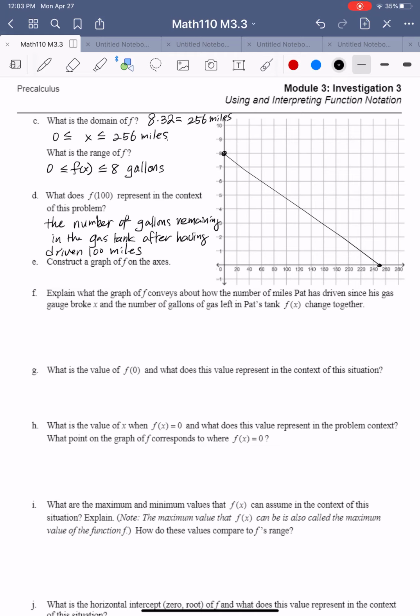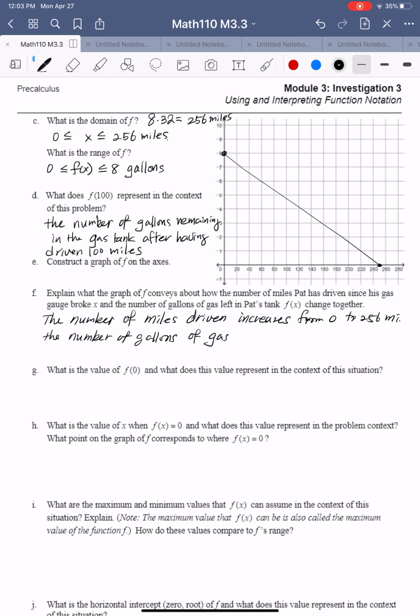This means the number of miles driven increases from 0 to 256 miles, while the number of gallons remaining, of course, decreases from 8 gallons to 0 gallons.